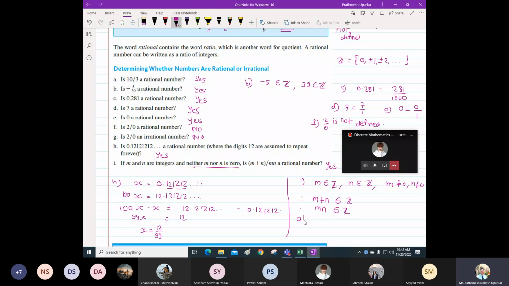Also, can I say that mn is not equal to 0? m into n is not equal to 0.